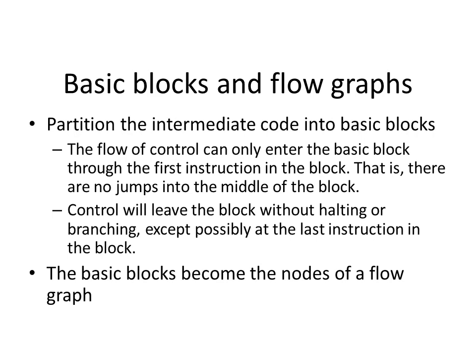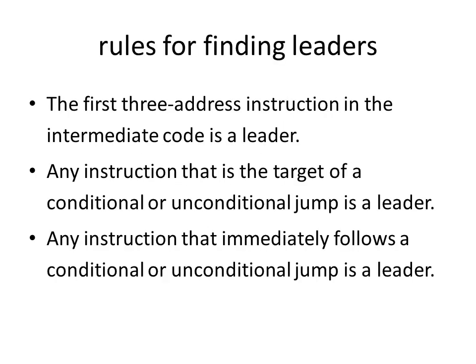That is, there are no jumps into the middle of the block. Control will leave the block without halting or branching except possibly at the last instruction in the block. The basic blocks become the nodes of the flow graph.